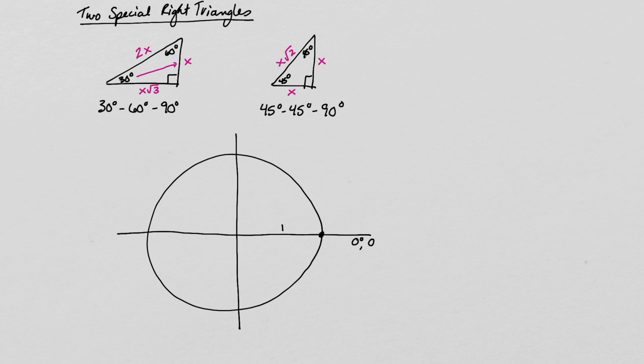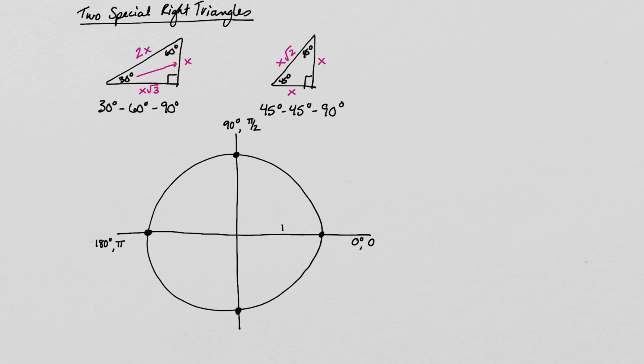degrees or 0 radians. So if we think about going by 90s first, we have 0 radians. Up here, we have 90 degrees, or 90 degrees is the same as pi over 2 radians. And that goes with this point here. We have this point here, which is 180 degrees, or pi radians.